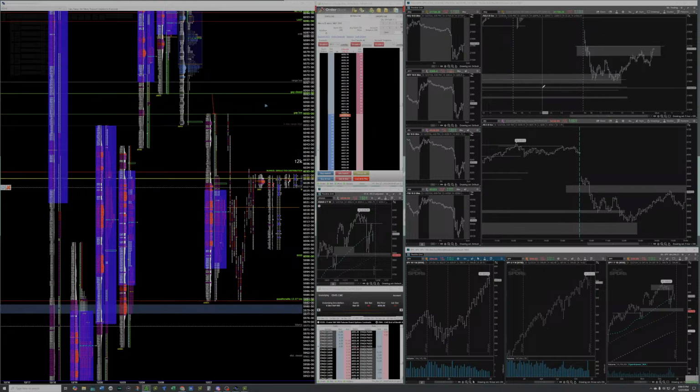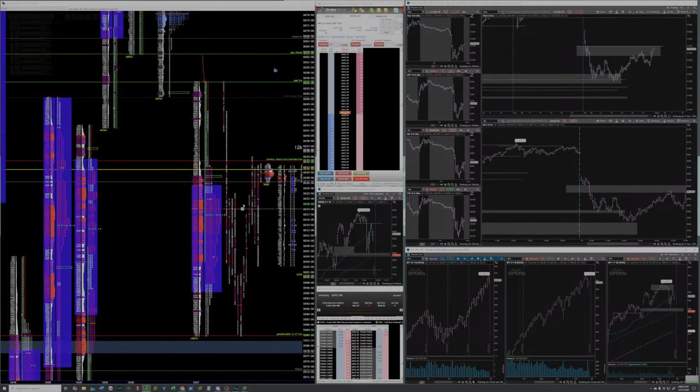Now coming back to the market, when I closed the morning stream, I was talking about this. This is what traders call, and this happens all the time, man. This is what some people call a bull trap, short trap, or whatever.